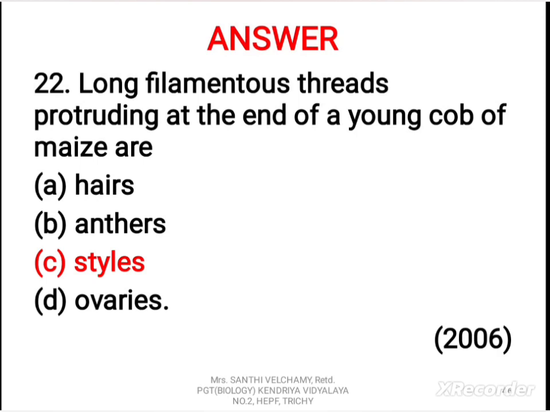The ear-bearing branch has short internodes and bears a female spike at its apex. Each spikelet has small membranous glumes and two florets. The feathery styles of the female florets are long and emerge out of the cob to expose the stigma for wind pollination. So C is the correct answer.